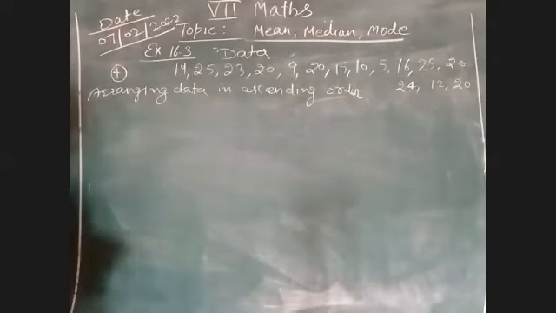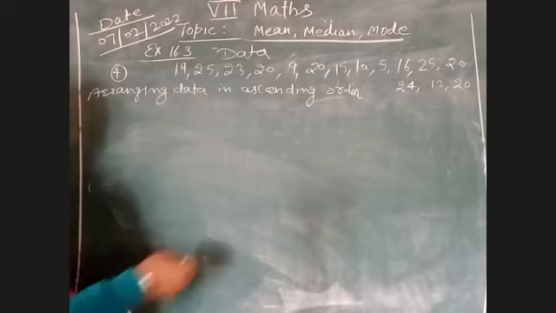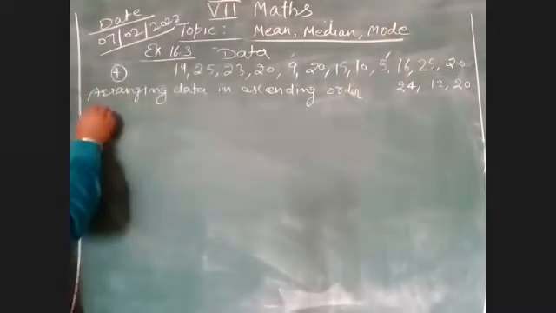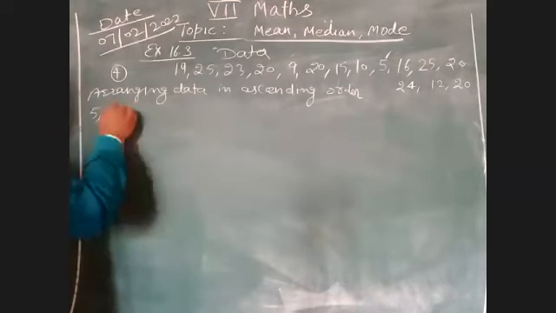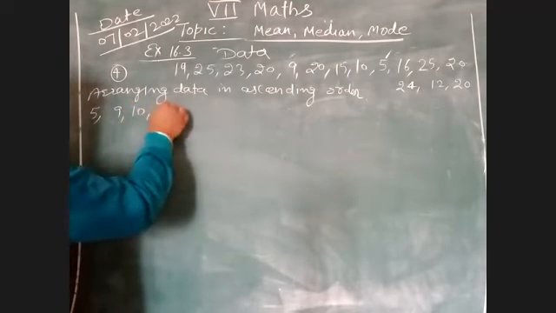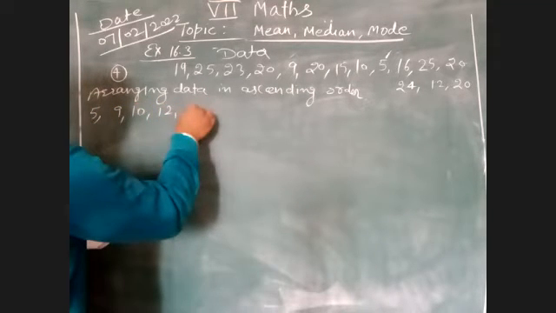We are arranging here. The lowest value from this data is 5. So right here 5, and the next values are 9, 10, then 12, 15, 16.